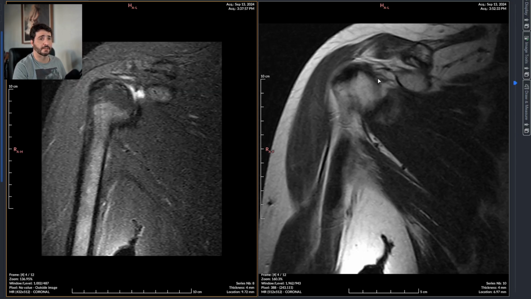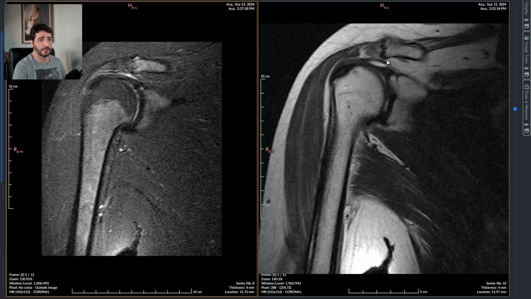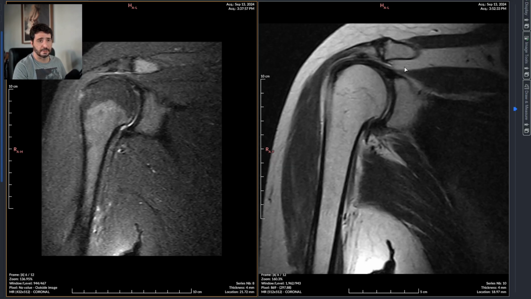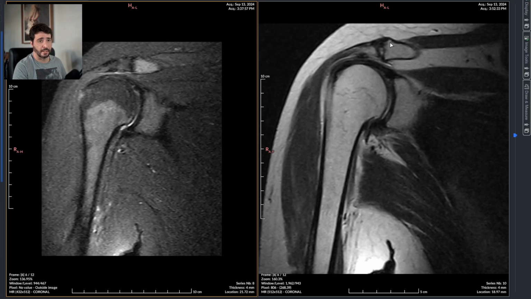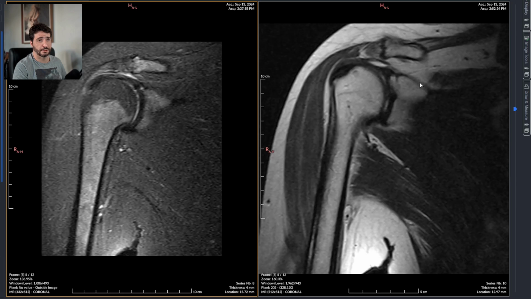Let's just now look for stuff we can say for sure this patient has. This patient has arthrosis, osteoarthrosis of the acromioclavicular joint. There are all those common signs of degenerative disease. There is narrowing of the joint space, there is sclerosis, and there are osteophytes on the margins of the joint.